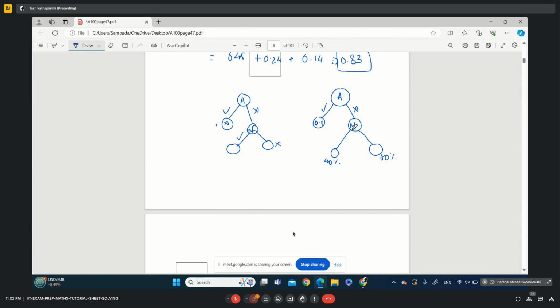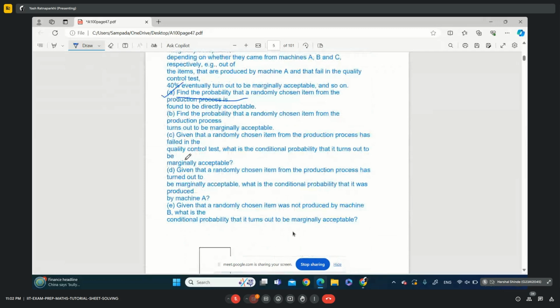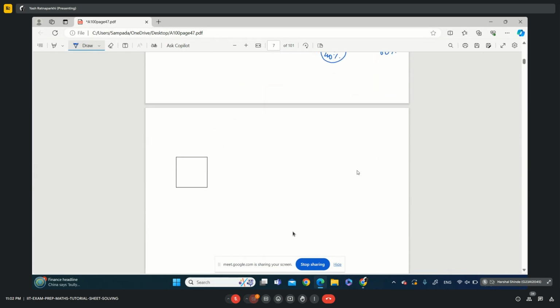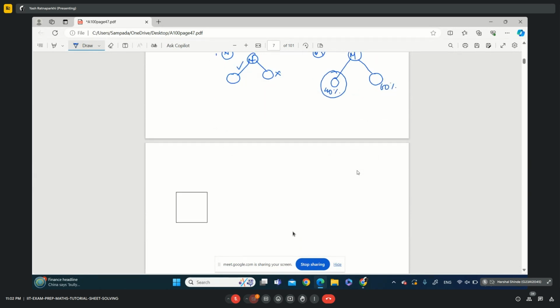Now is it clear to you all? Perfect. So see what is asked. The question asks for the probability that the chosen item is marginally accepted. We need to find it for this case. So we need to write the probability of marginally accepted for all.